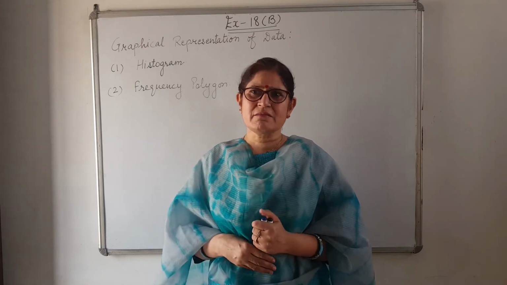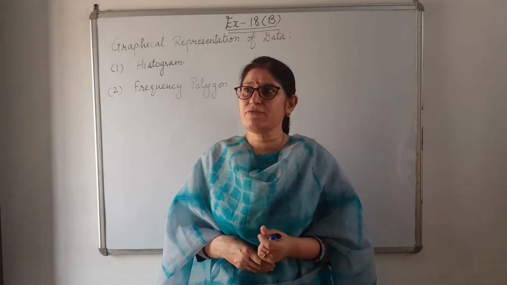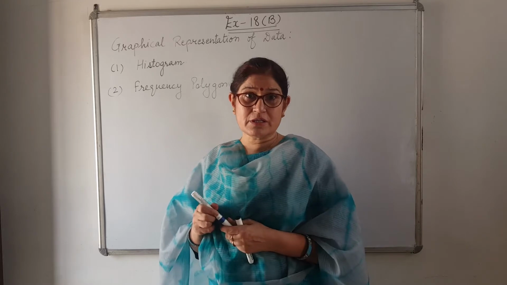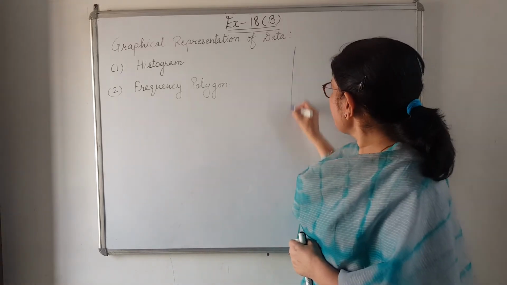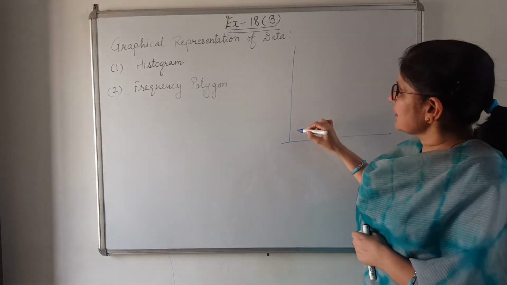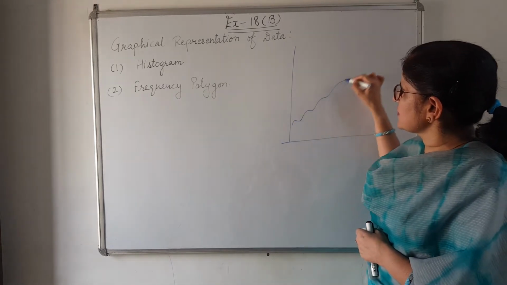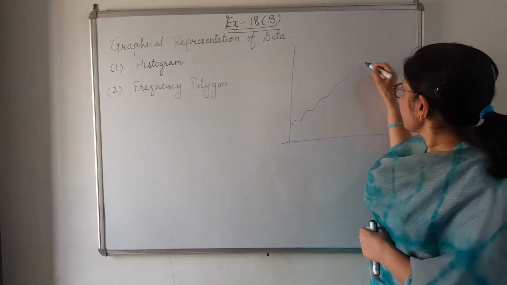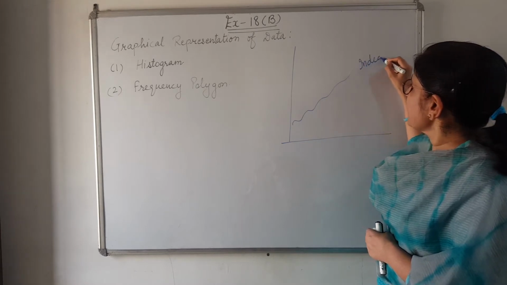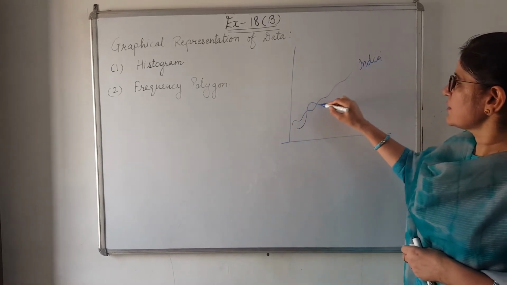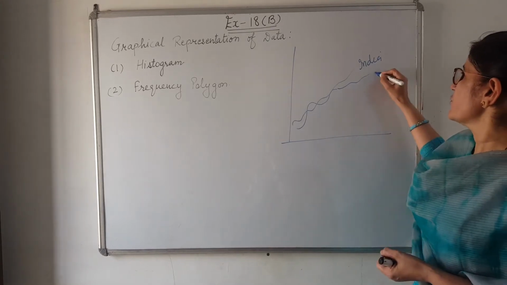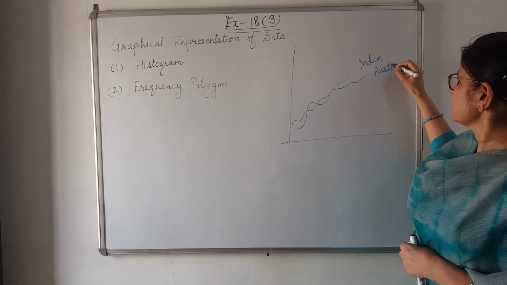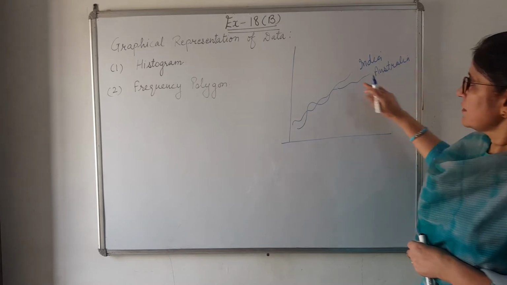When there is a match between two teams, if you have observed on the TV, what they are showing graphically, they represent something like this. This is the graphical of India. Suppose this represents India, and this is another country, just suppose Australia.